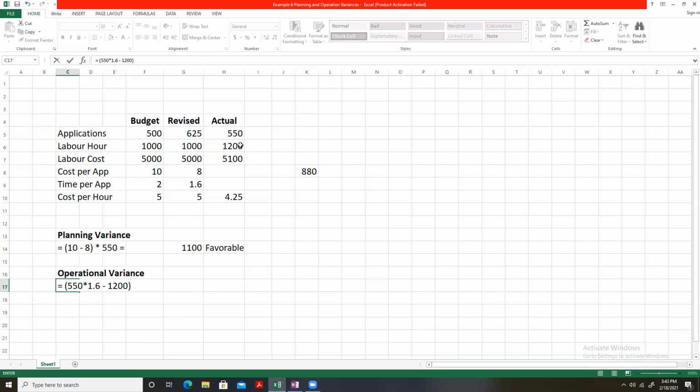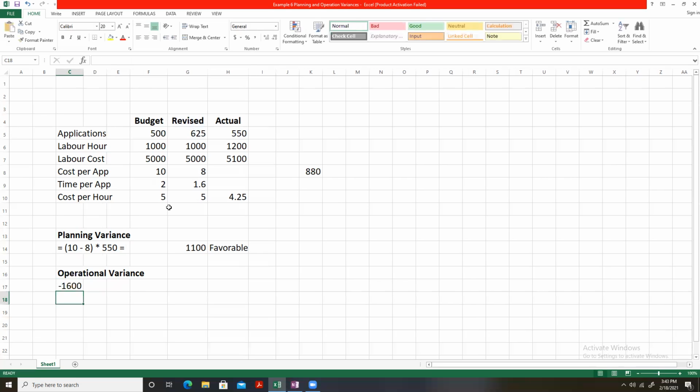Now just take the difference between the two and multiply it by the standard rate, that is 5 dollars per hour according to the standard set by us.